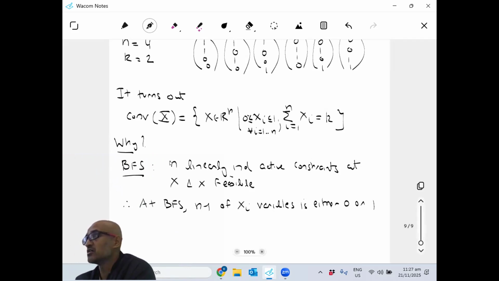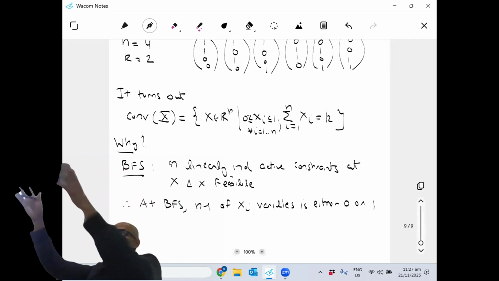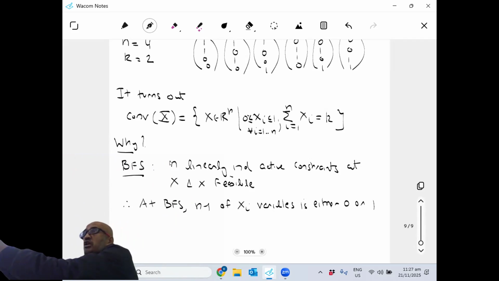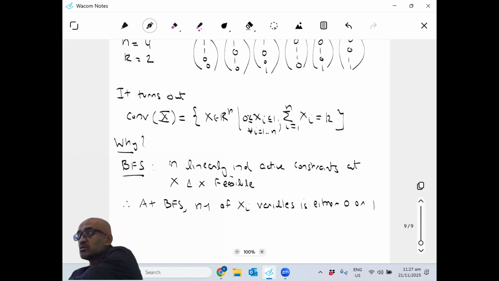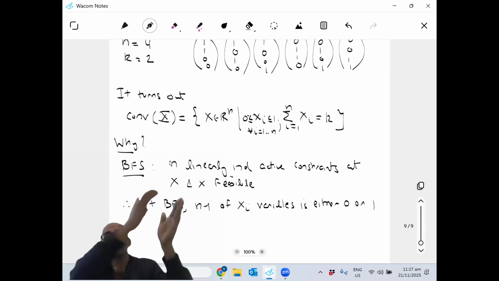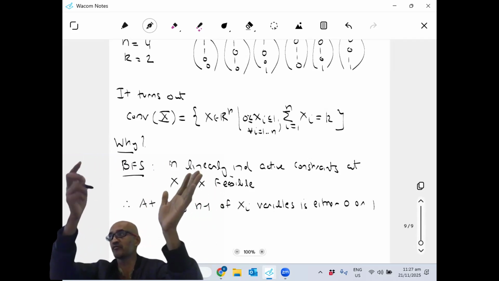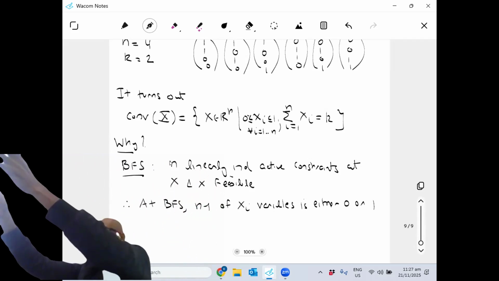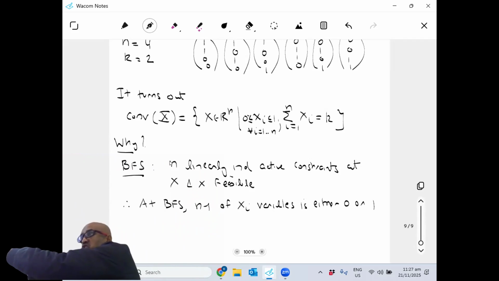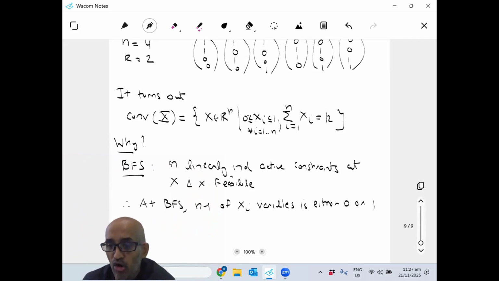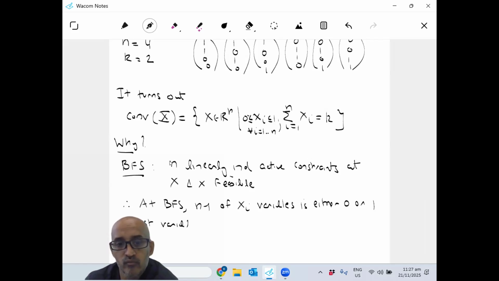But k is an integer. If I'm adding up integer entries and it has to be equal to some integer, the last variable also has to be integer. I cannot add up integer numbers and some fractional number and have it equal an integer. So the last variable also has to be integer because k is integer.